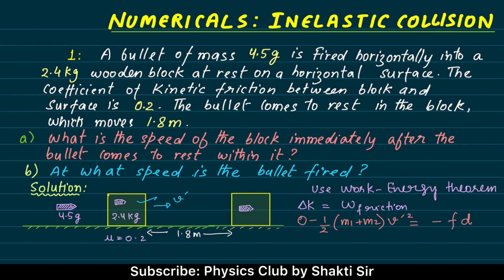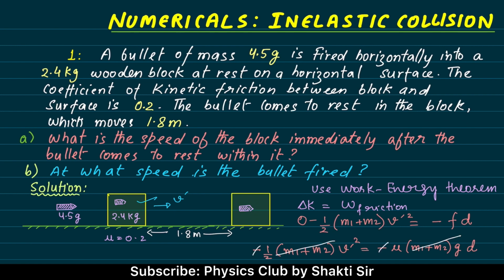Let's put the values. So it is negative 1 by 2 (m1 plus m2) v dash square equals negative friction times displacement. What's the value of friction? Friction is nothing but mu times N, the normal force, and the normal force can be written as (m1 plus m2)g. In this situation you can easily cancel the masses and the negative sign from both sides.